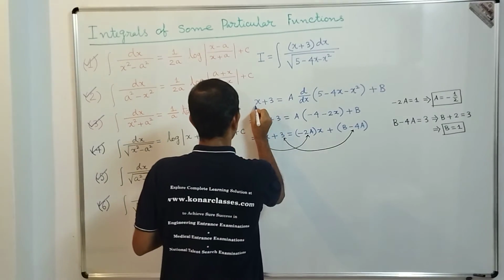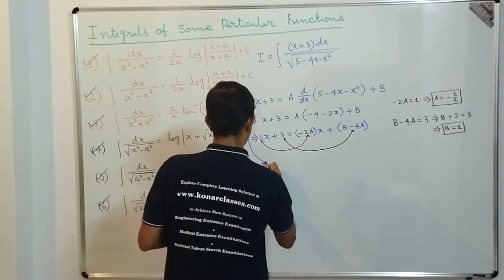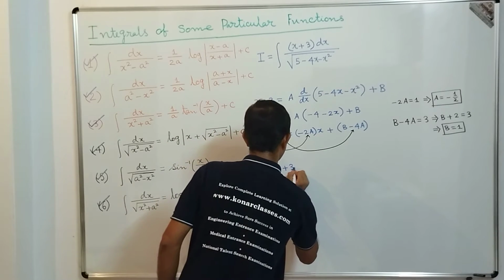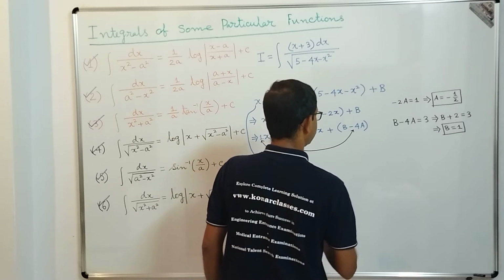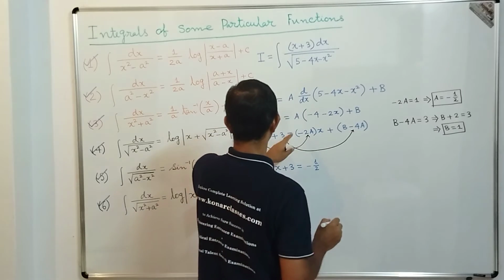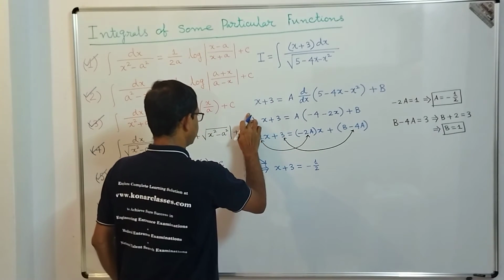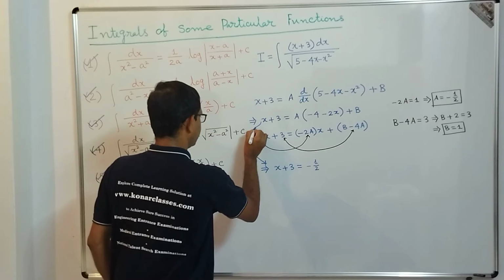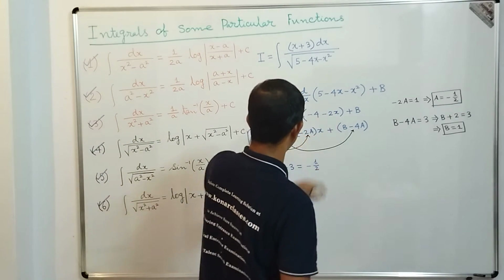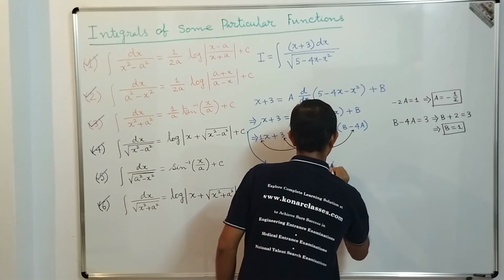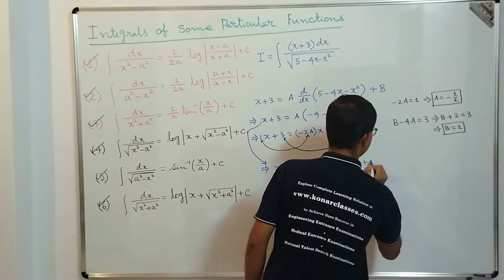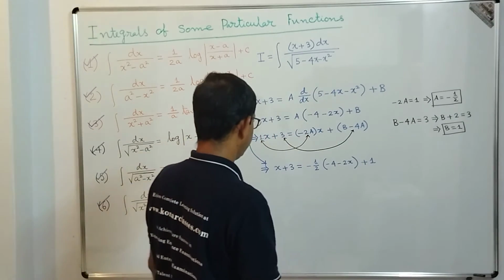From here we can write x plus 3 is equal to a, where a is minus 1 by 2, into d/dx of the quadratic, so x plus 3 is equal to minus 1 by 2 into minus 4 minus 2x, plus b, which is equal to 1, correct?